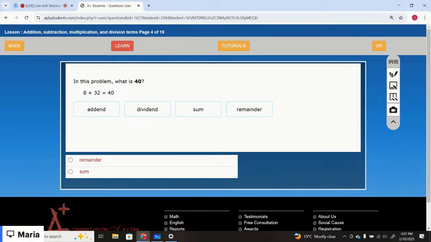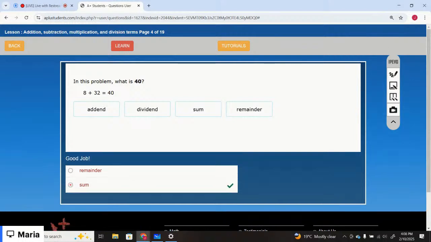In this problem, what is 40, which is the correct option? 40 is the sum of 8 and 32. Very good. The correct option is sum.